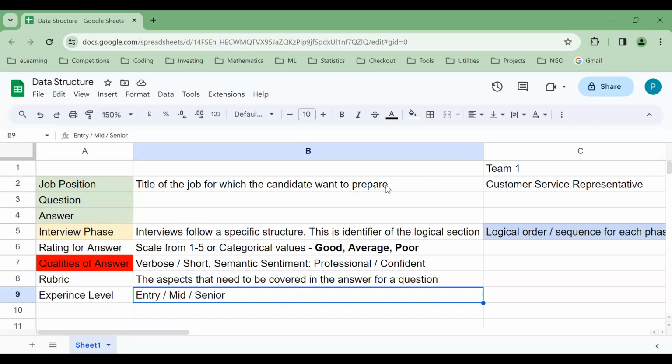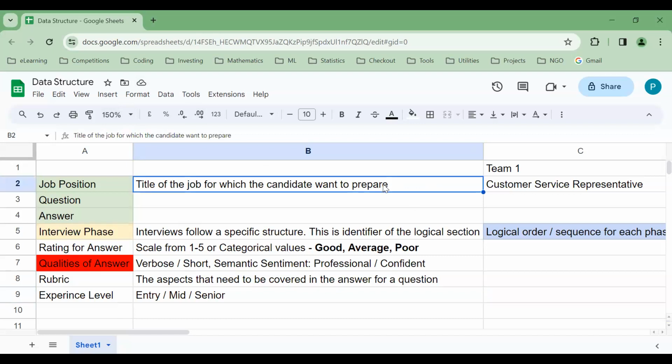For example, if it's a customer service representative, I think that already suggests it's an entry level position, or I might be wrong. I'm not entirely sure if that's a valid statement.